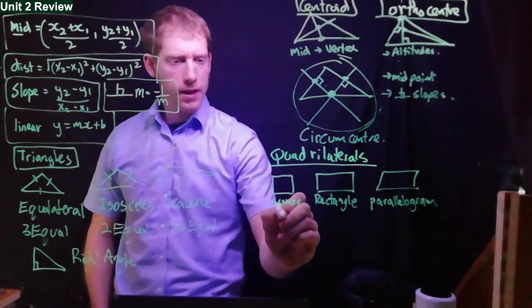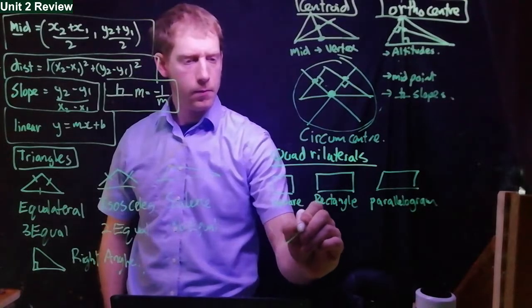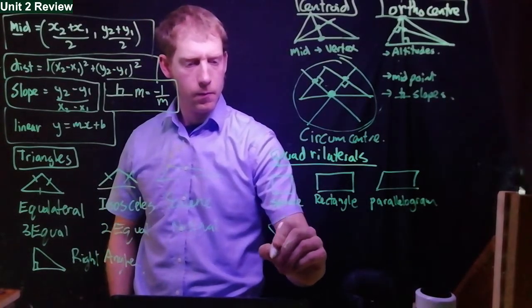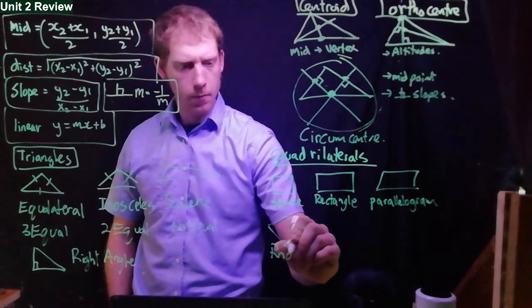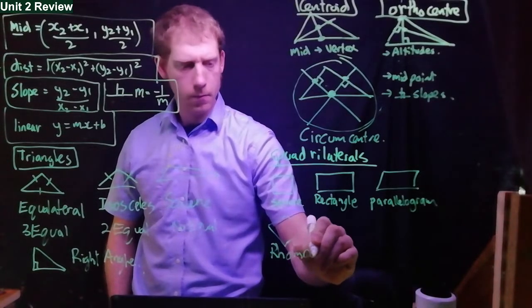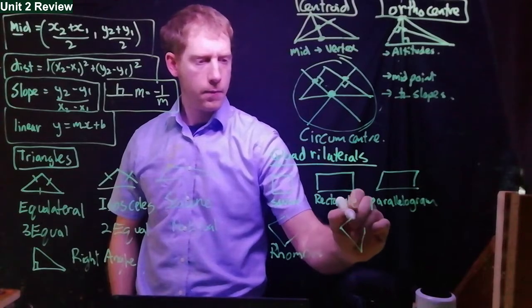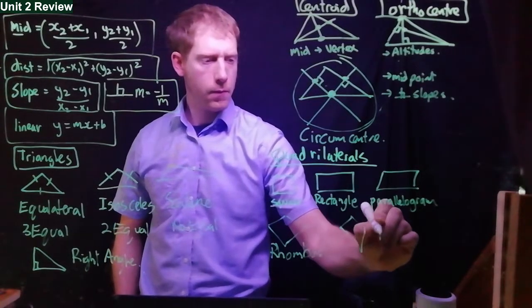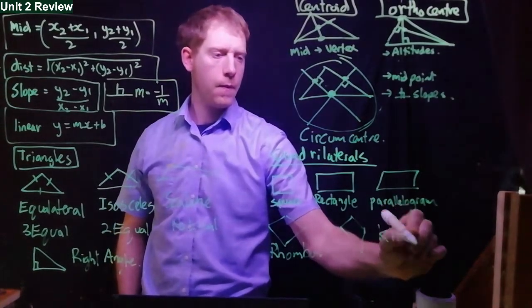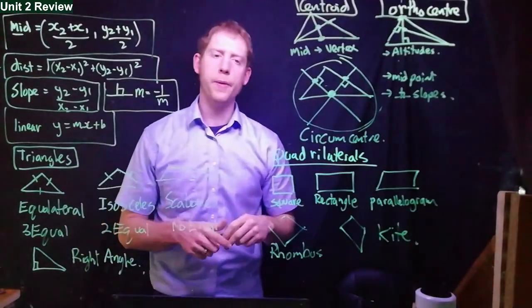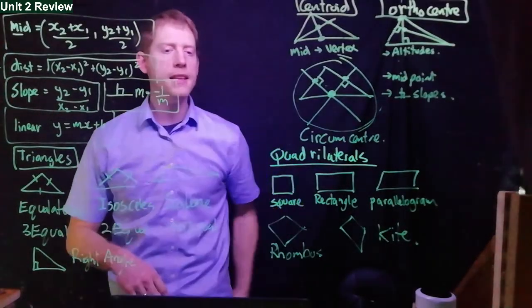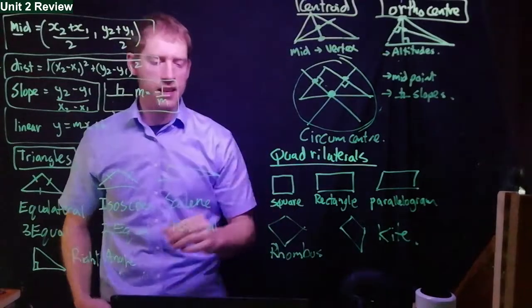We have rhombus. And we have kite. You need to be able to prove that these shapes represent these quadrilaterals.